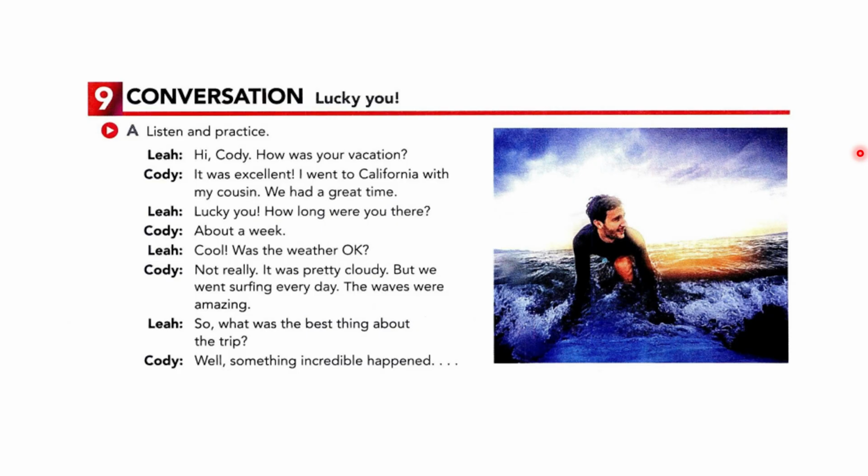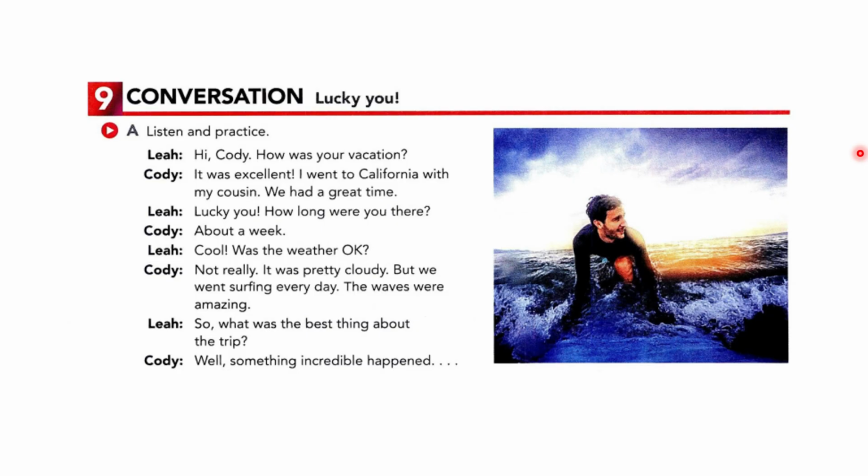Okay, so the contraction machine, was plus not is wasn't. You know that. Were plus not is weren't. Was the weather okay? No, it wasn't. Were they in California? No, they weren't.